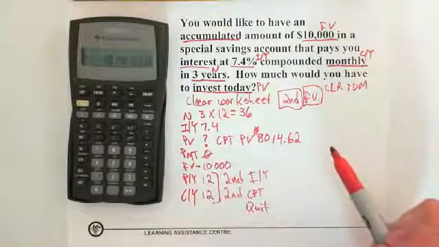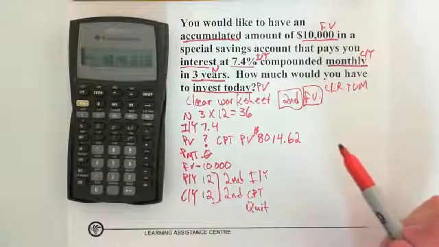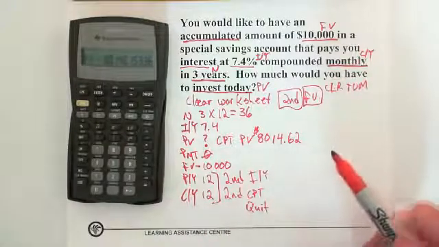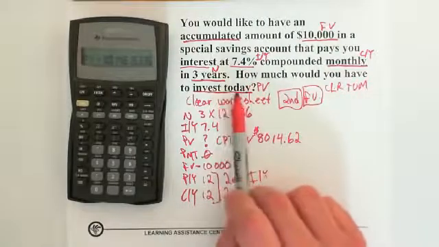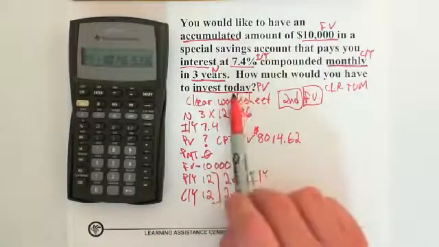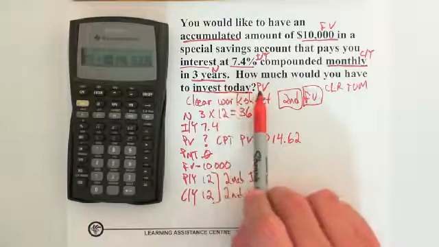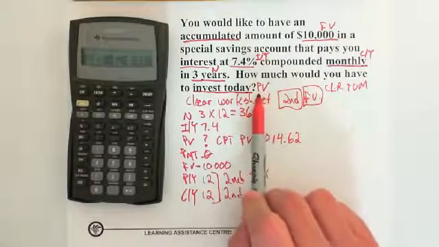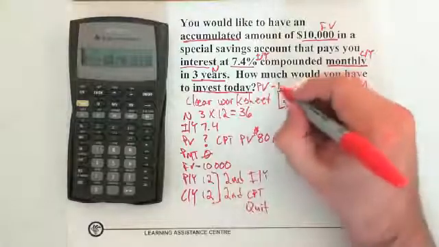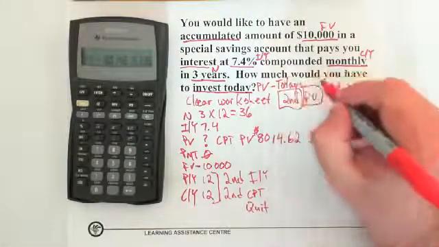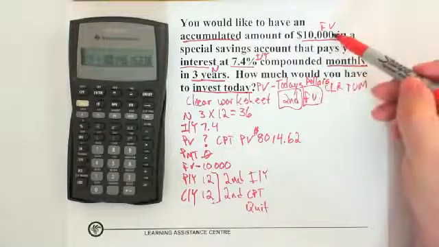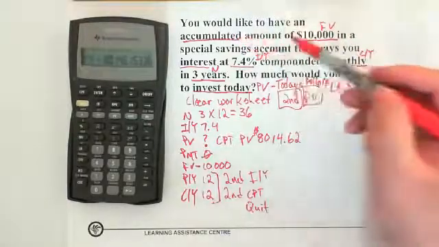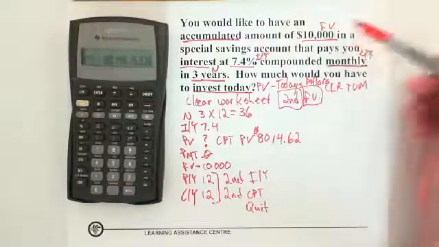All right, so let's just do a quick review. First, let's just start with the question. The question was, how much would you have to invest today? So since you're asking for the amount of today, that's our present value, because remember, present value is today's dollars. So then the 10,000 is the amount we want to accumulate to, so that's our future value.